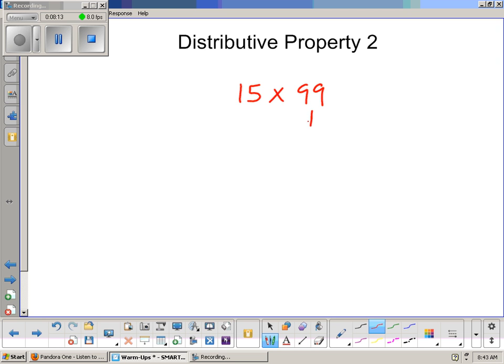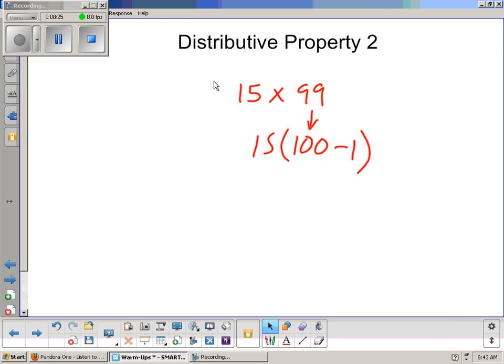If you remember, 99 is equivalent to 100 minus 1, right? That's the same thing. And if I put a parenthesis here and 15 on the outside, a number next to the parenthesis means multiplication. So now I've got 15 times 100 minus 1, and everybody's going to agree that 100 minus 1 is 99, so it's exactly what I have up there. So now this math you can do in your head.